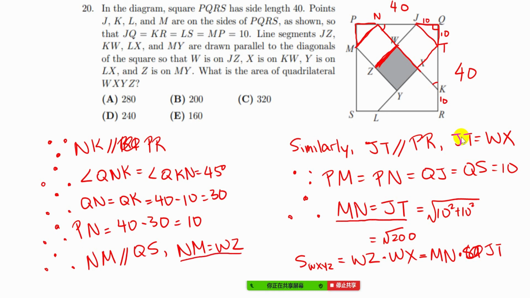Then this would equal the square root of 200 times the square root of 200, which equals 200. So the area of quadrilateral WXYZ would equal 200, and we choose B.